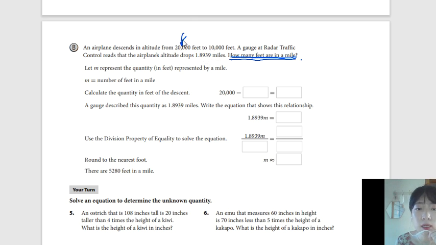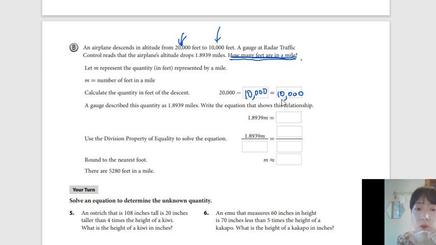So the altitude goes from 20,000 feet to 10,000 feet. 20,000 minus 10,000 is 10,000. So the length of the height of descent is 10,000 feet.